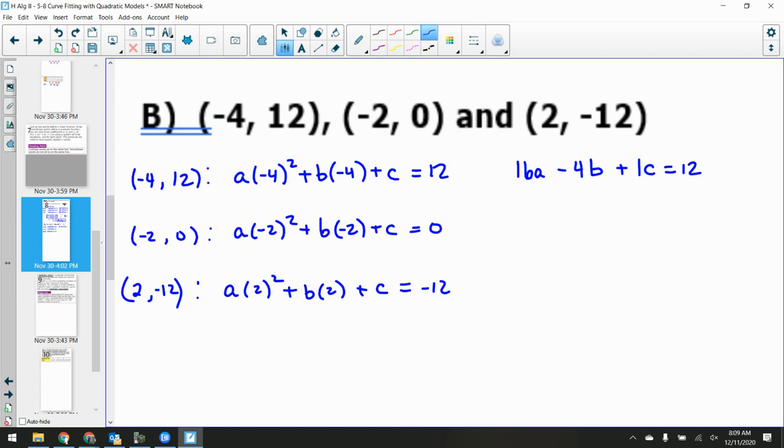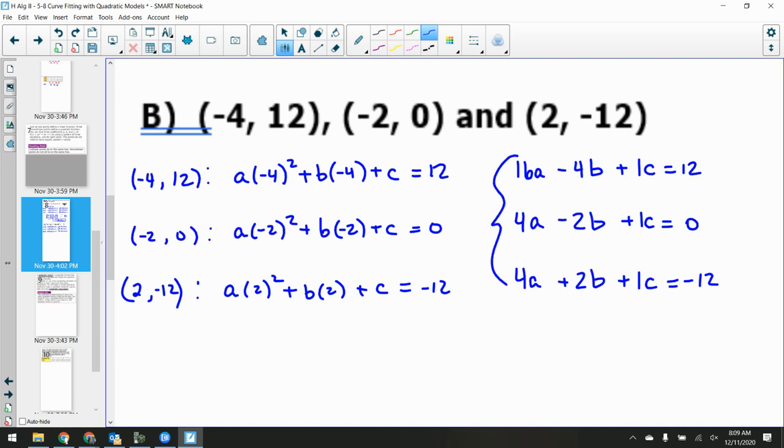This one's going to be a positive 4a minus 2b plus 1c is equal to 0. And this is going to be a positive 4a plus 2b plus 1c is -12. And that's my system. Questions about creating the system?